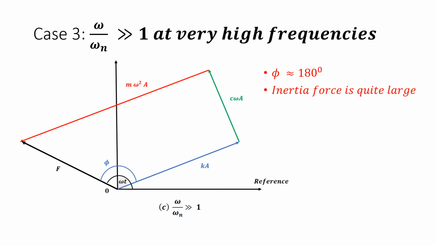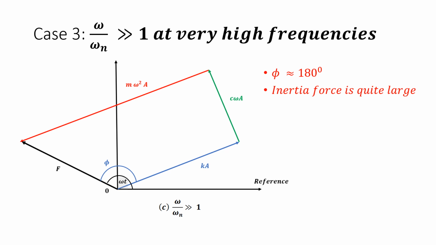For case 3, when omega is very much higher than omega n, means at very high frequencies of forced vibration, we have spring force, we have damping force, we have inertia force.